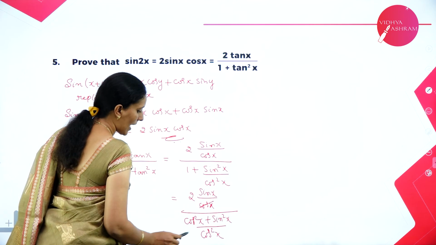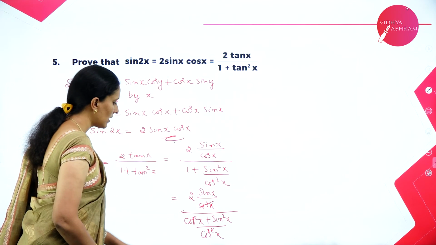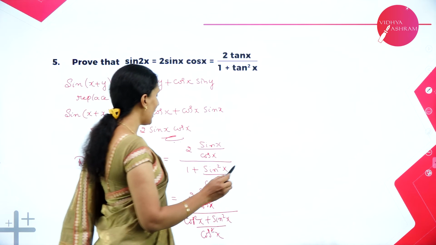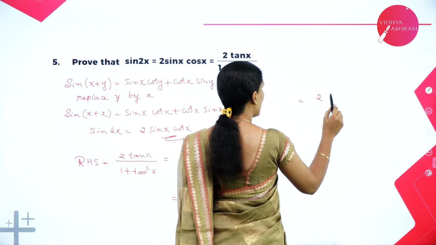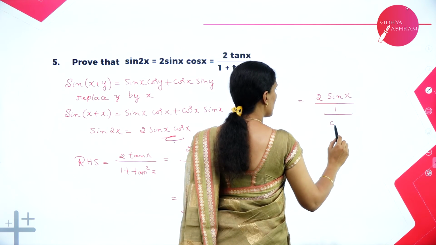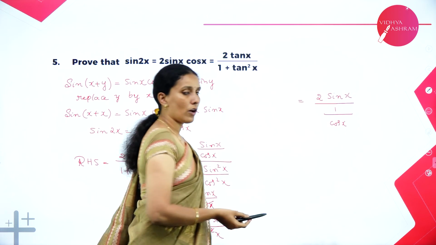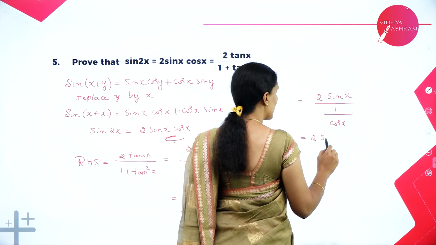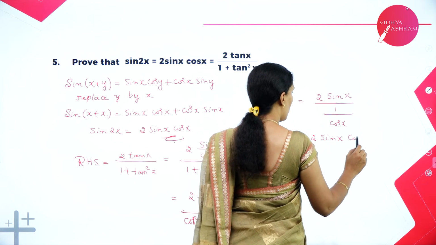So one cos cancels with one cos. Cos square x plus sin square x value is 1. So I will get 2 sin x divided by 1 by cos x, and 1 by cos x can be taken to the numerator. You will get 2 sin x into cos x.